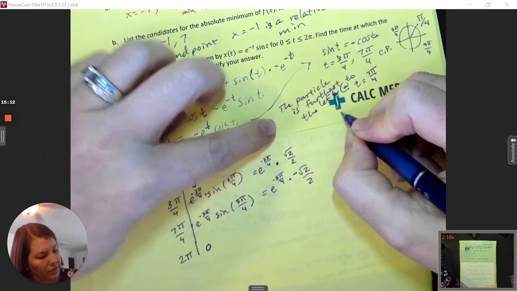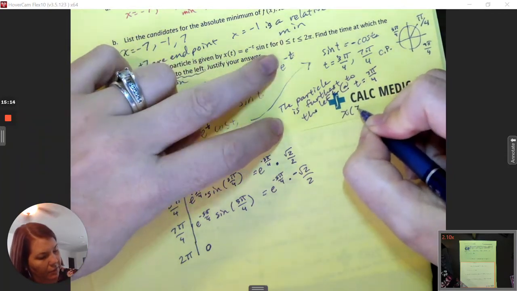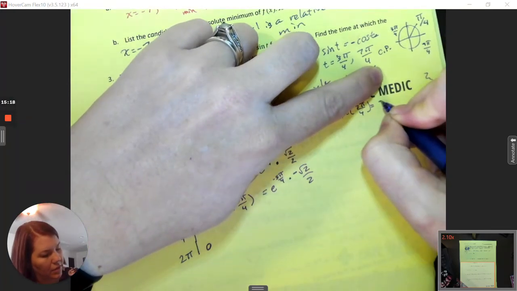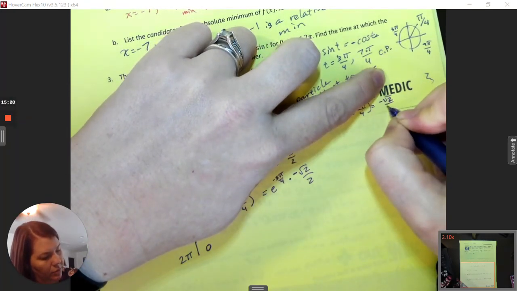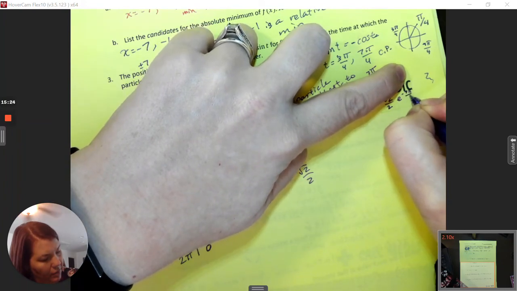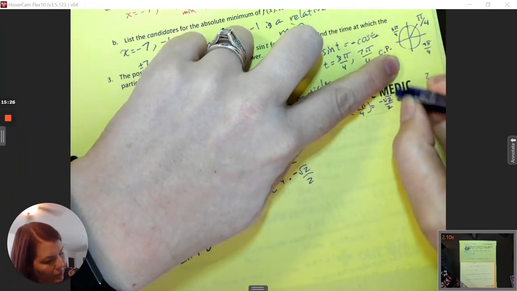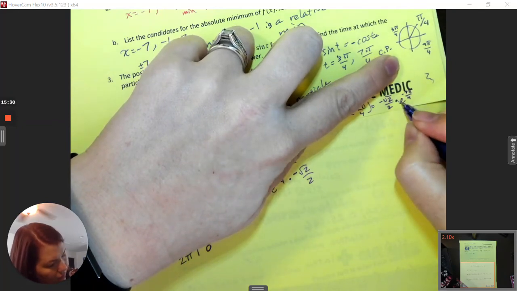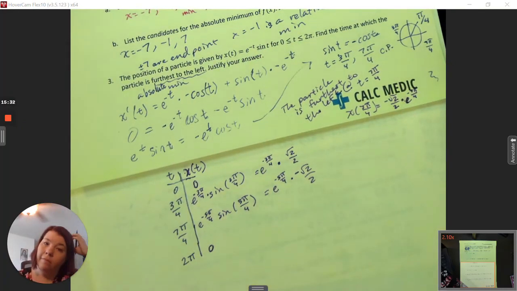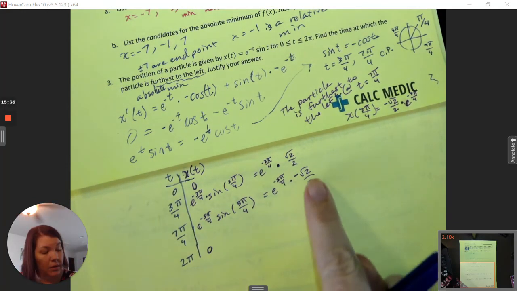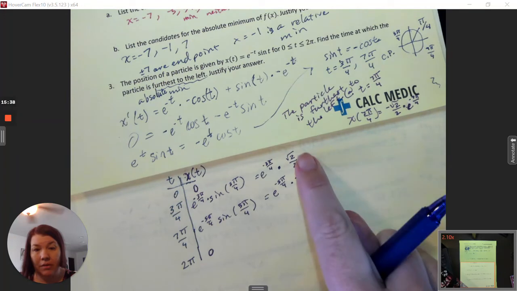Our justification is that x of 7 pi-fourths equals negative radical 2 over 2 times e to the negative 7 pi-fourths, whatever that is. The endpoints are 0, this is a positive number, and that is a negative number. This is the max, that's the min.